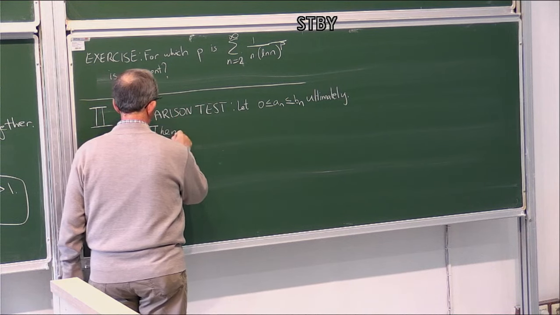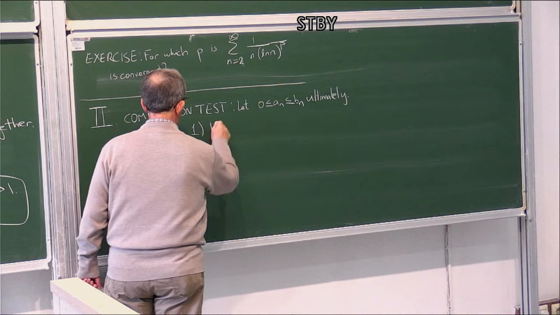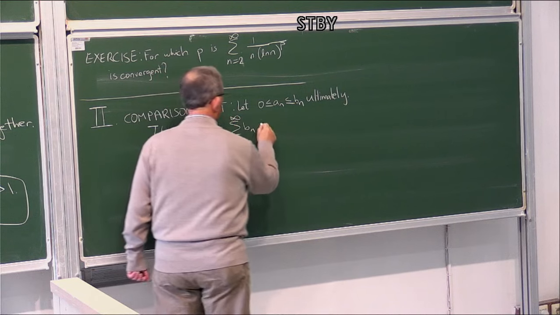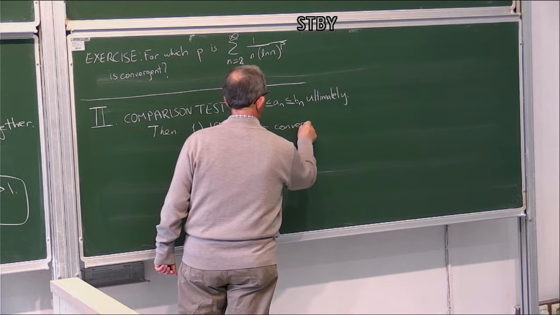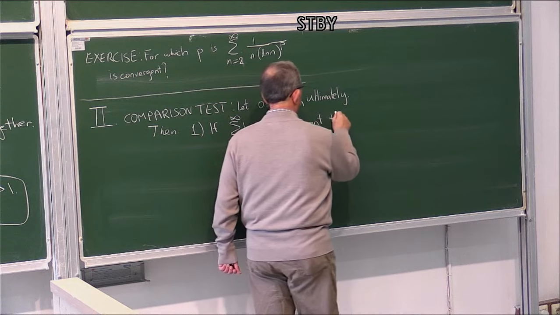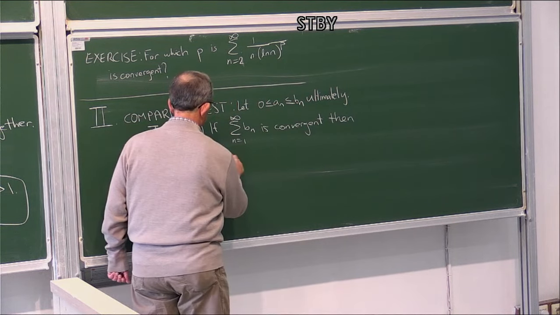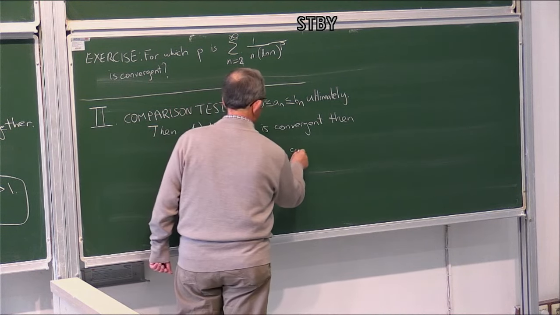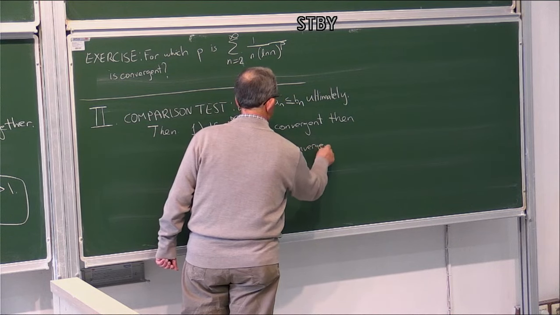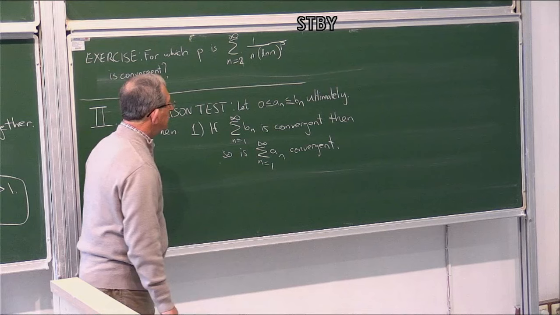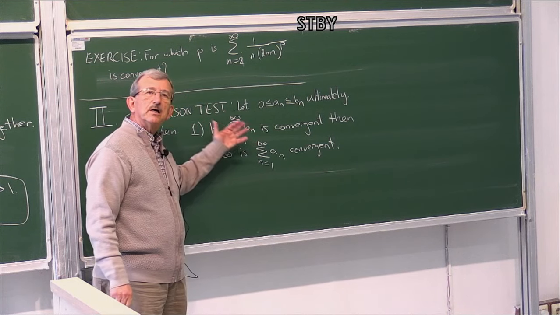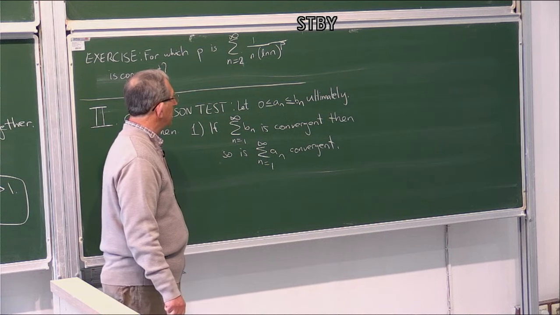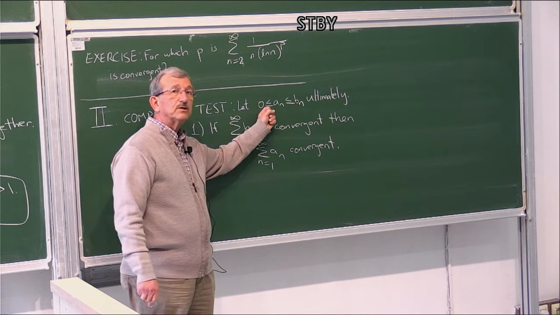Then, 1, if the series of b_n is convergent, then so is the series of a_n, convergent. Note that we had such comparison theorems for improper integrals in the previous semester. And positivity was very important there.